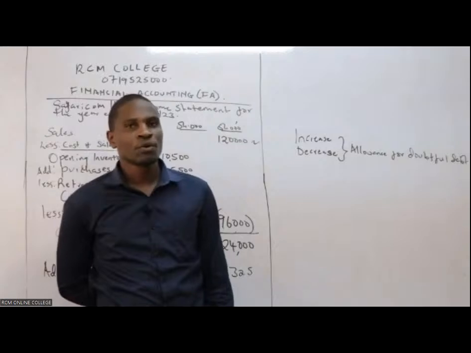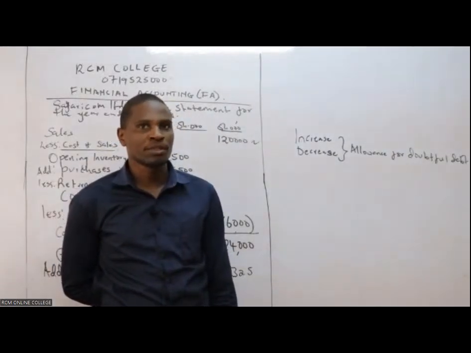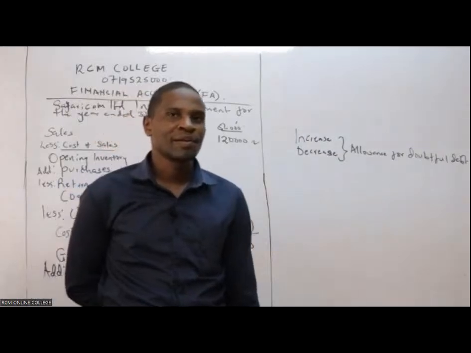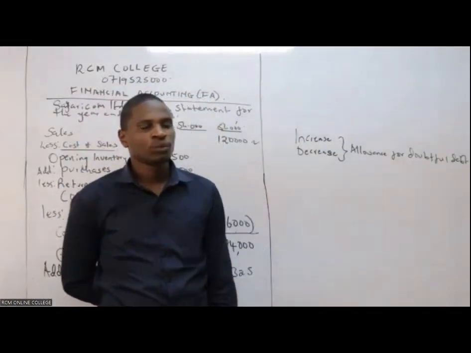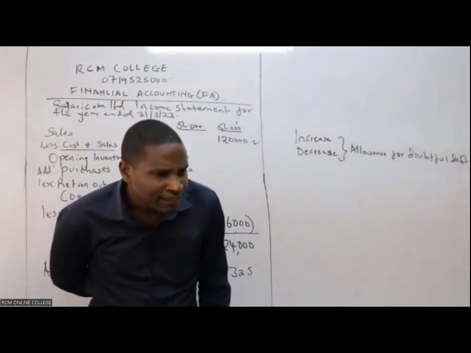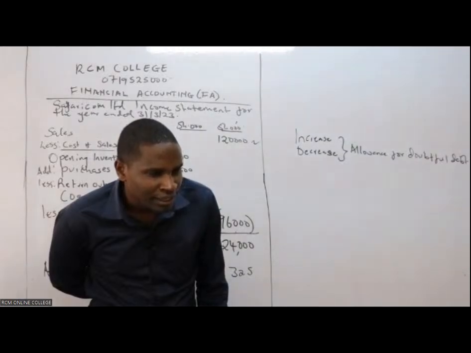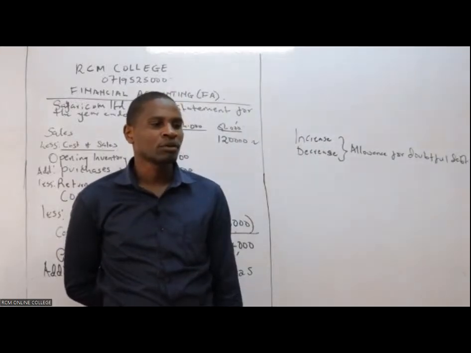Which one falls under income and which one falls under expense, before we even compute this? My fellow accountants, decrease is an income and increase is an expense. Yes, Miss Winsley and Sharon Onyango, I cannot put it better.